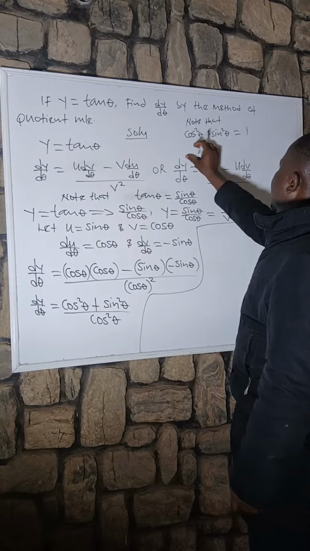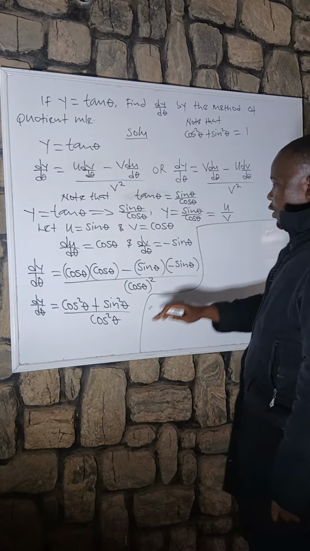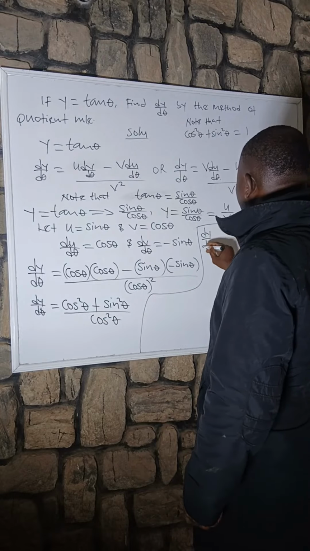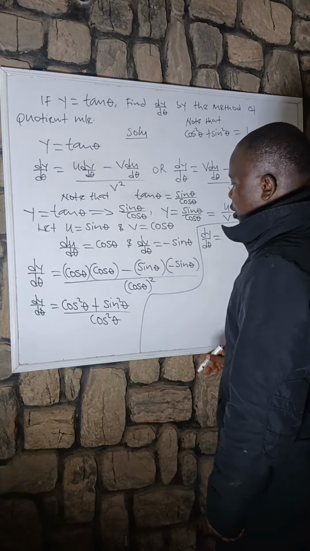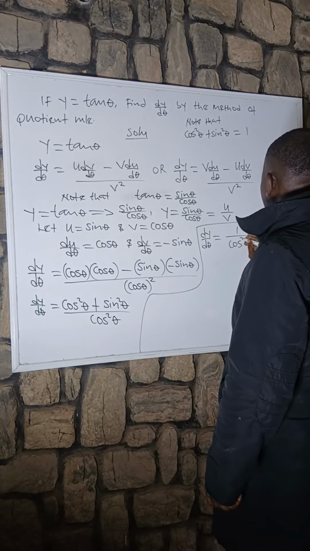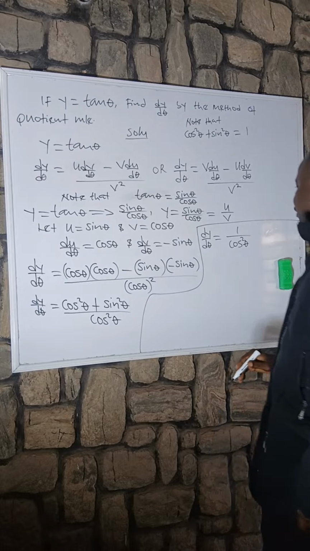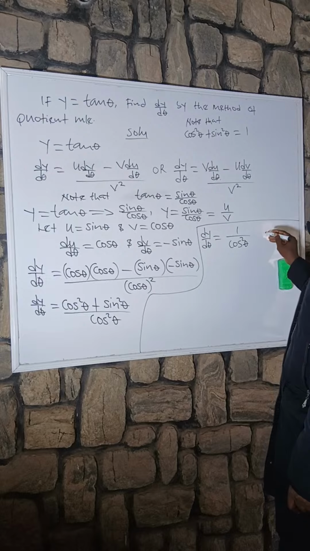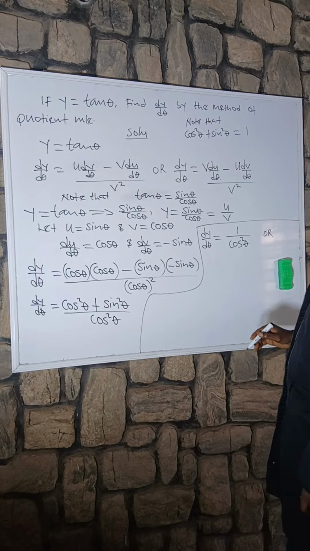So this is 1. So instead of this, we are going to write dy over dθ equals 1 over cos squared θ.